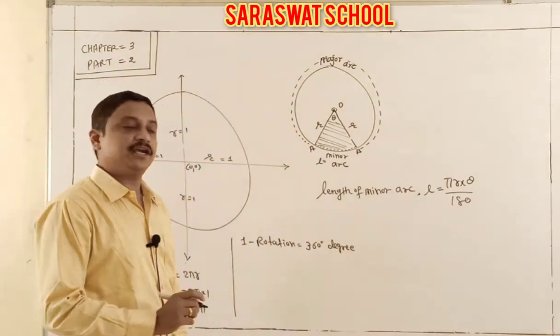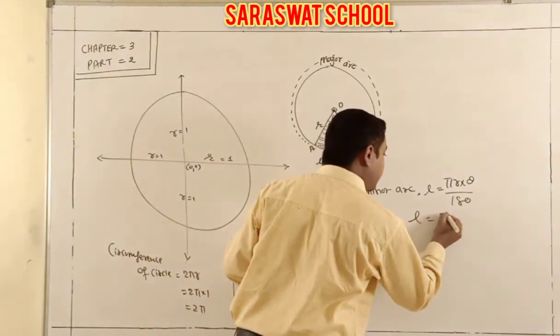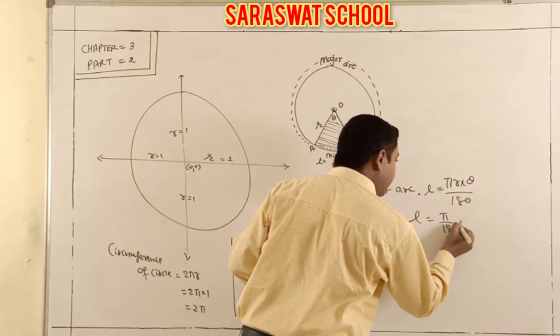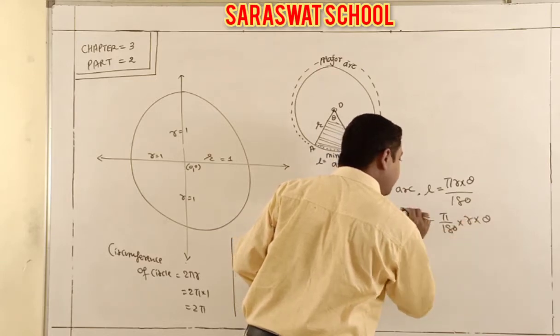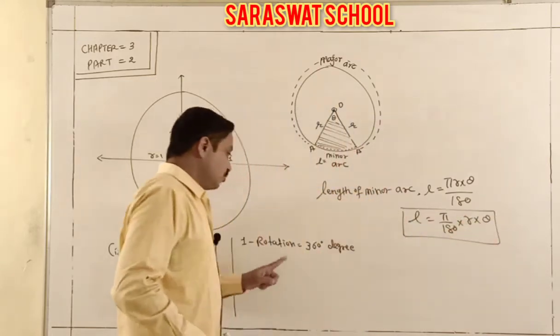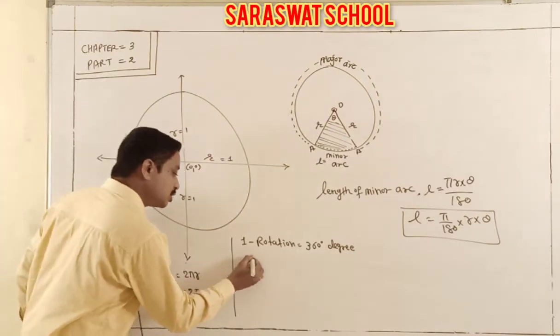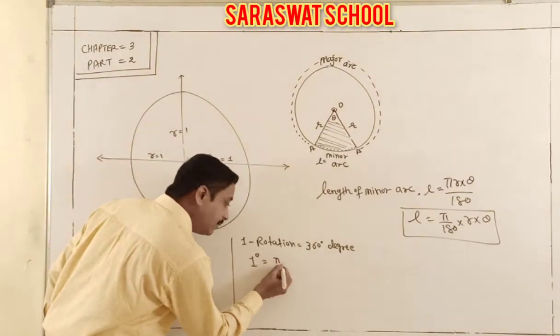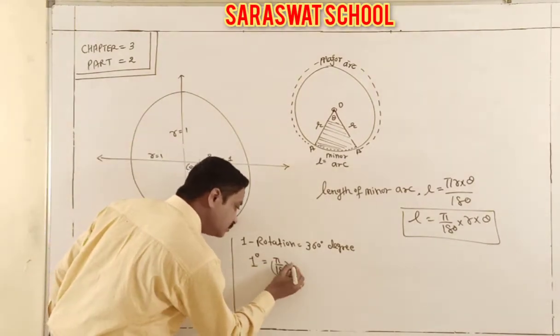Now students, in this pi r theta upon 180, I just separated pi by 180 and r into theta. Now 1 degree is already known: 1 degree is equal to pi by 180 radian.